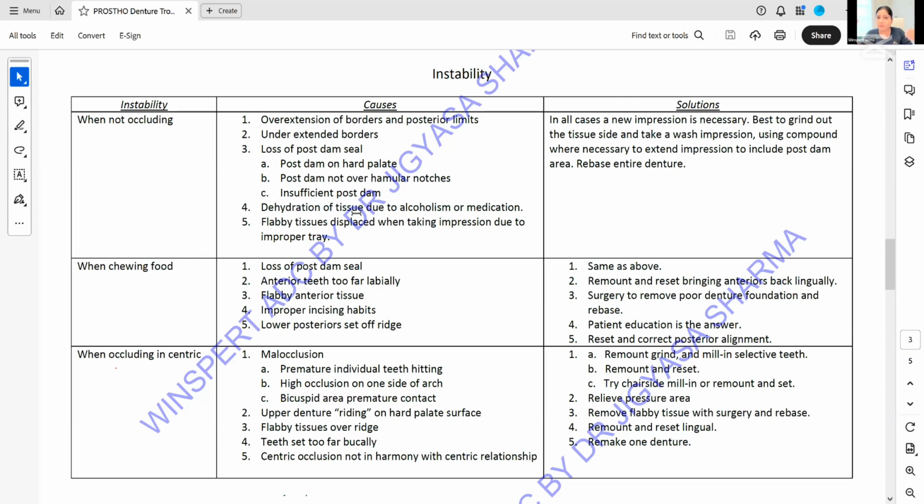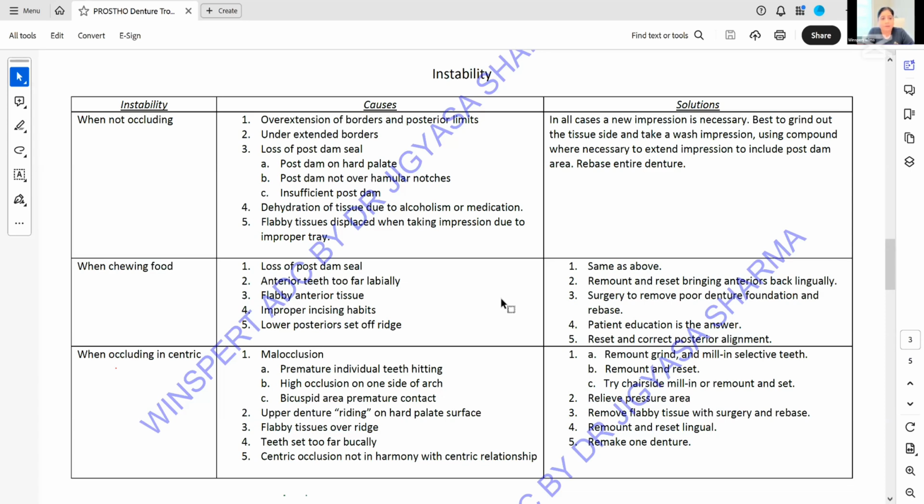If it's still within those freeway space limits, then yes, you can selectively grind a few teeth. But if it's an excessive VDO beyond your physiological tolerance, then if you reduce the denture base area, you will alter the impression site. So you have to recreate, refabricate.